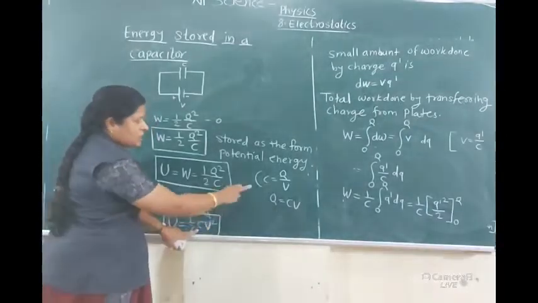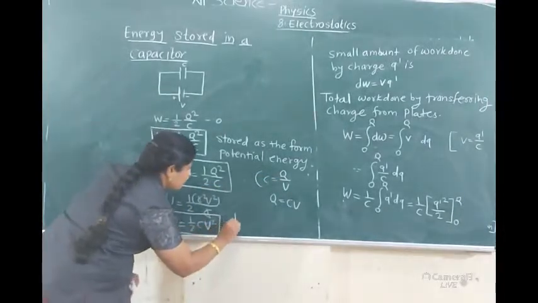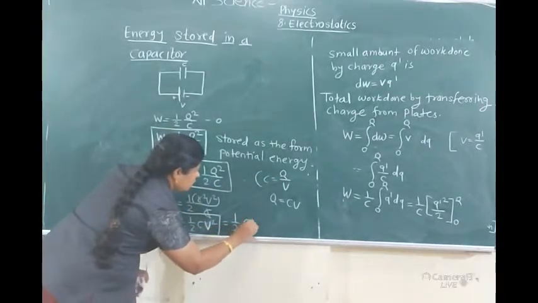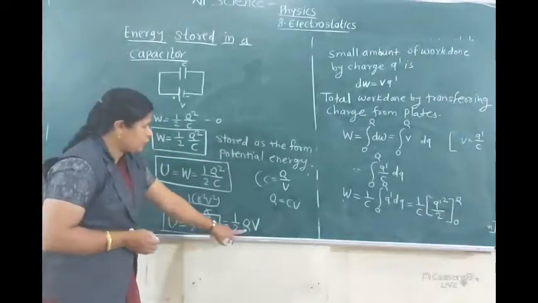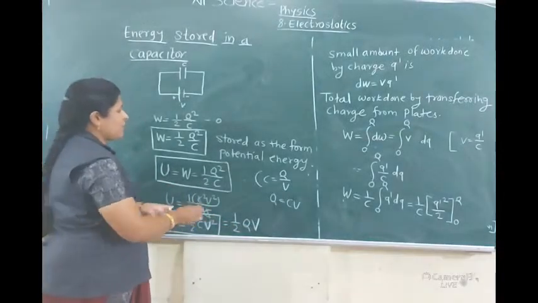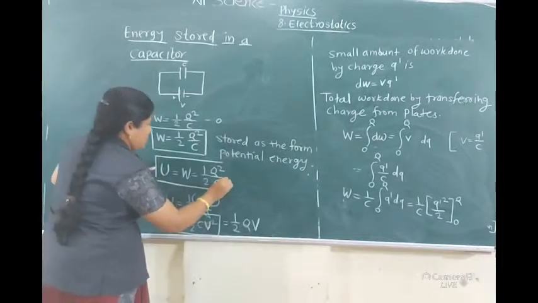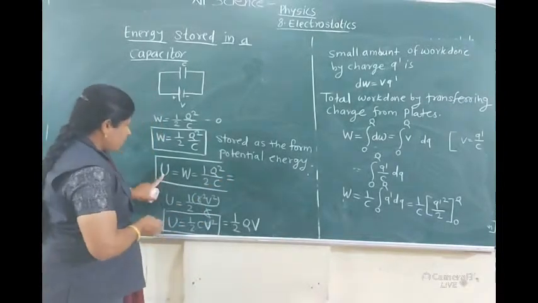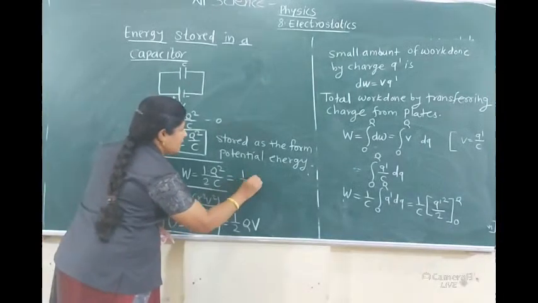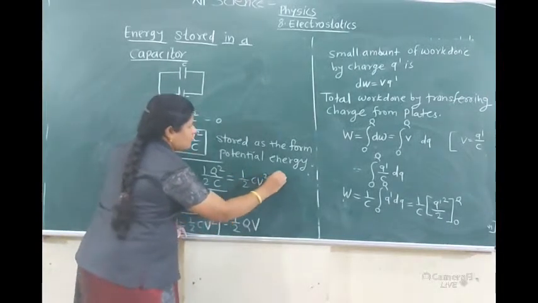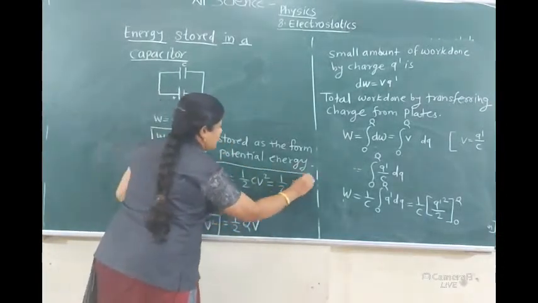Again we substitute C is equal to Q divided by P, and we get U is equal to 1/2 Q into P. This is the different form of energy we get in the capacitor. Or U is equal to 1/2 Q square divided by C, which is equal to 1/2 C P square, which is equal to 1/2 Q into P.